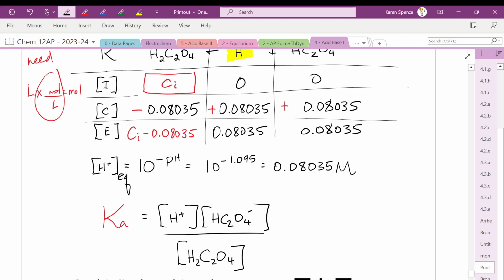So I got this thing here, and I know that Ka is equal to 5.9, thank you, times 10 to the negative 2, and that's going to equal 0.08035 squared divided by Ci minus 0.08035.